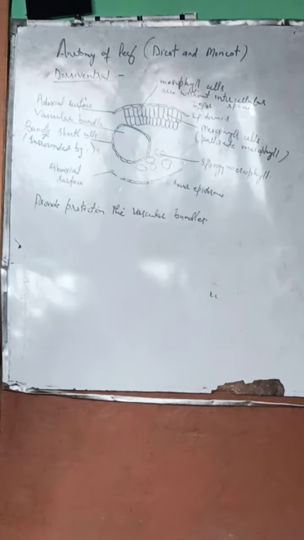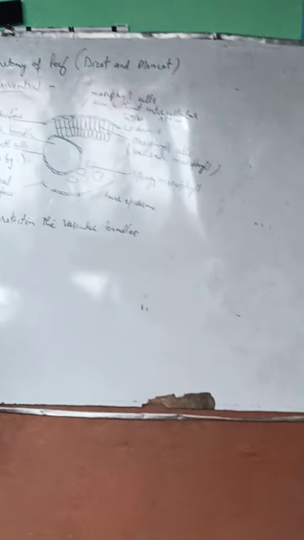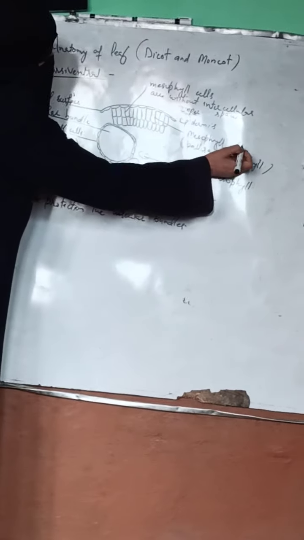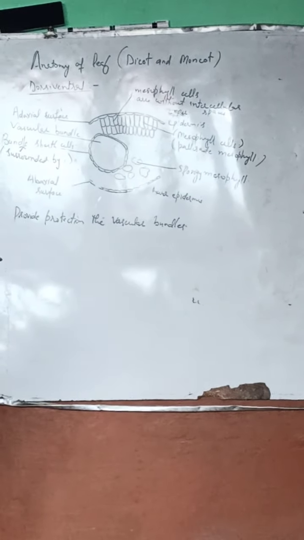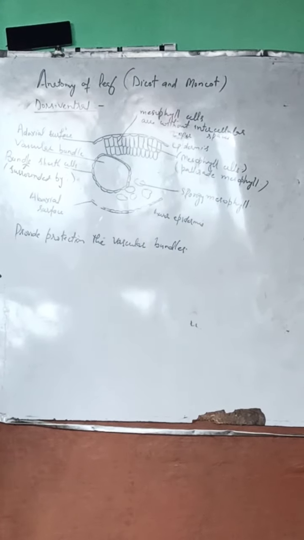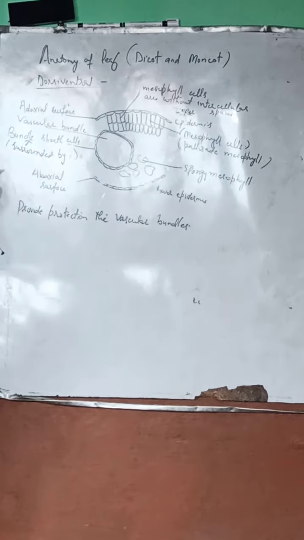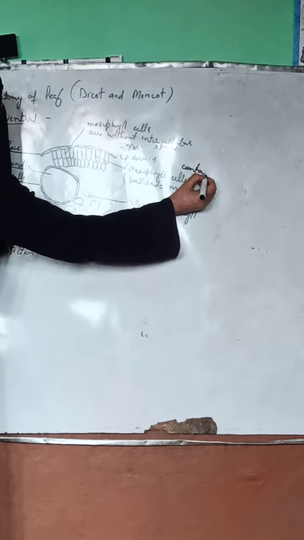And the cells present in between upper and lower epidermis, I have told you these are mesophyll cells, and mesophyll cells are of two types in case of dorsiventral leaf or dicot leaves. Mesophyll cells also contain chlorophyll.